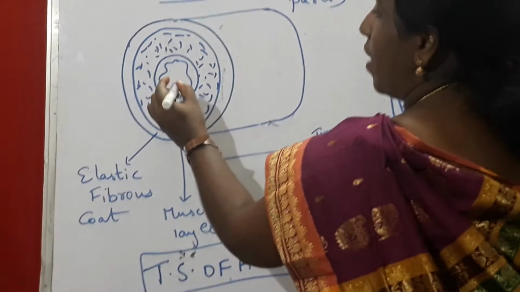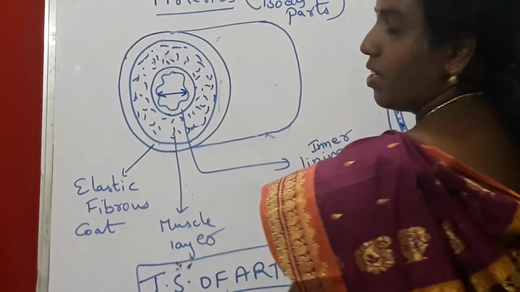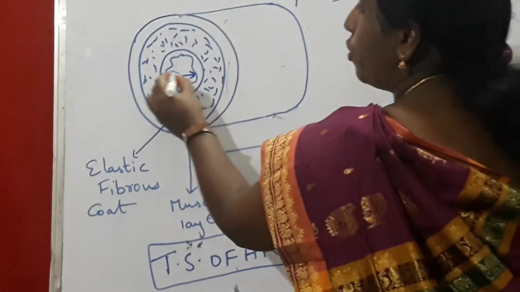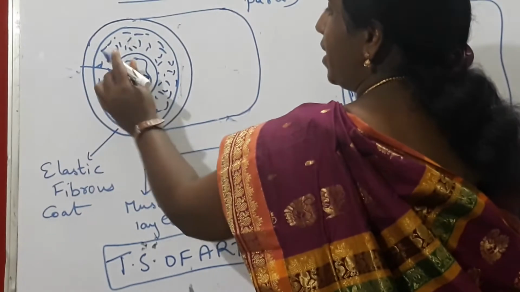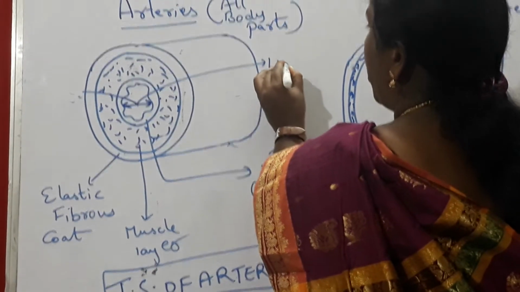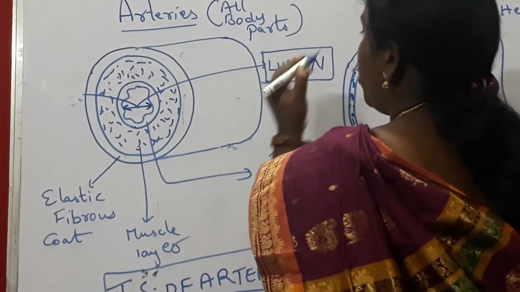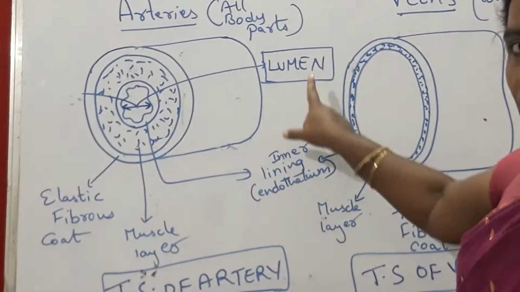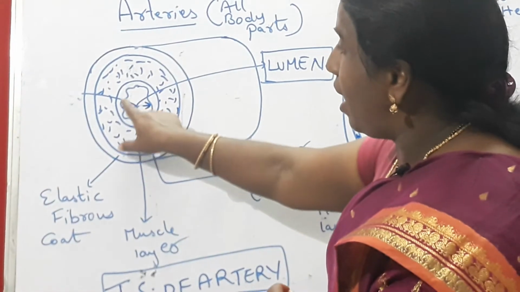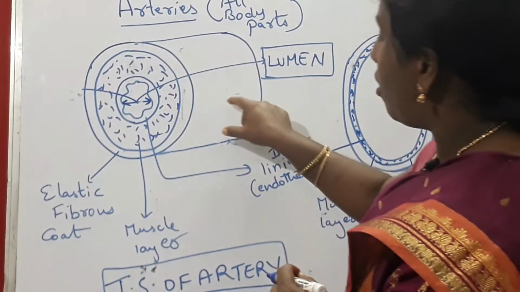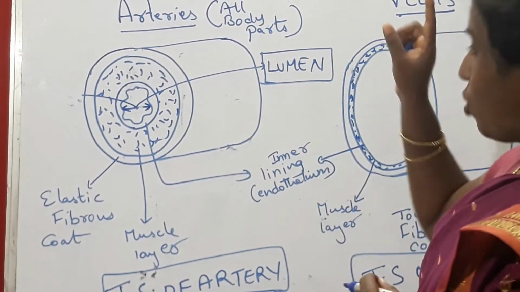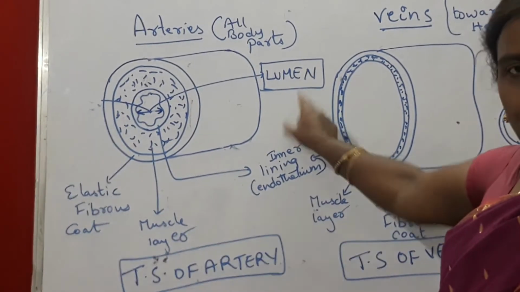Now the center one which is left here is the lumen. Lumen is the central hollow space of the artery through which blood passes.